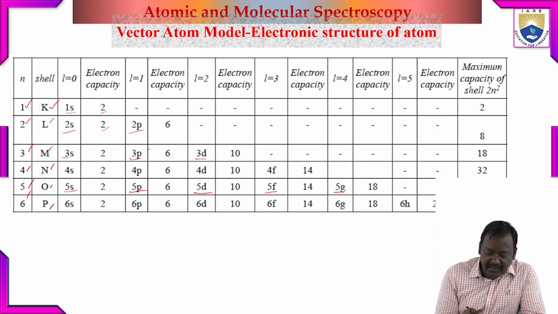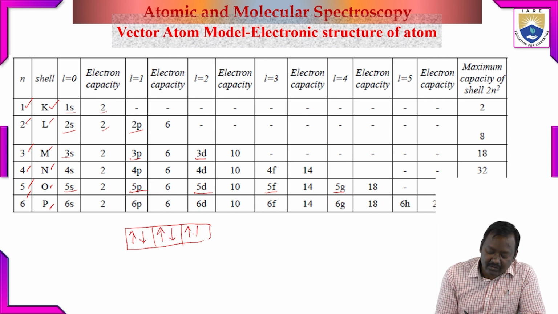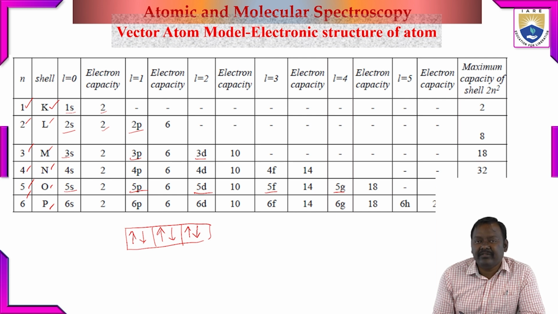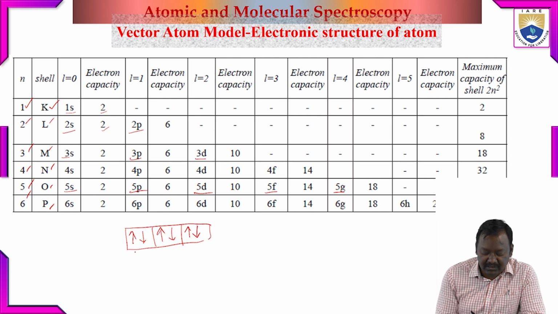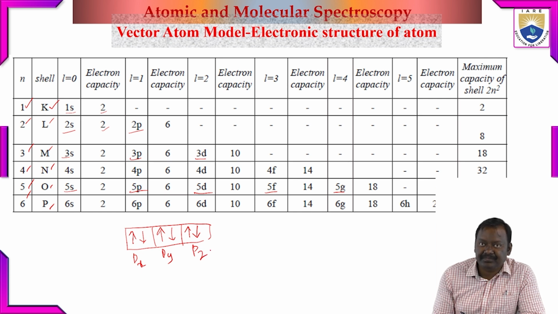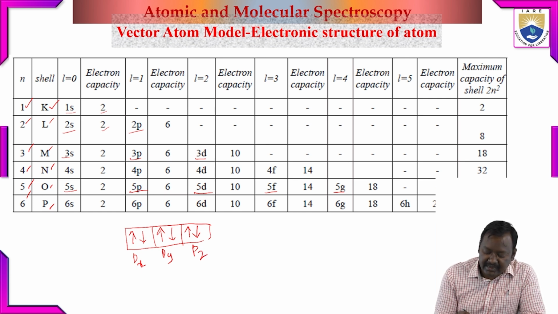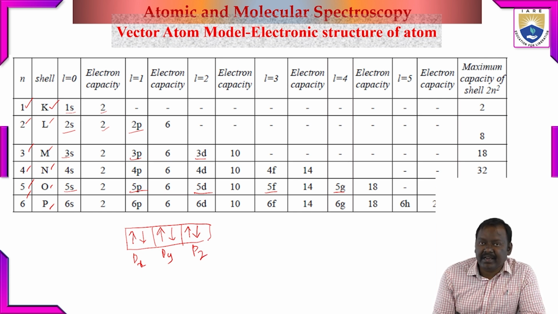And for p orbital, there could be again 3 subshells. In each one, we can fill 2 electrons, one with spin up and another with spin down. So total 6 electrons can be filled in the p orbital. This can be denoted as px, py, pz. And again in the d orbital, you can fill maximum 10 electrons.